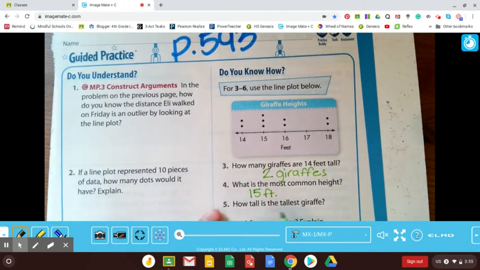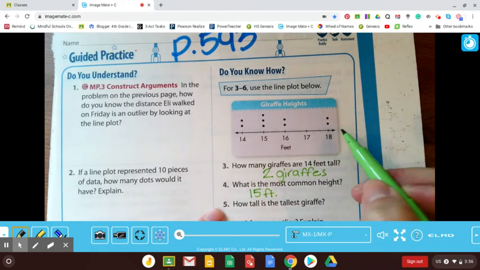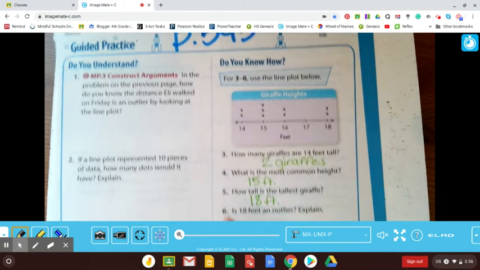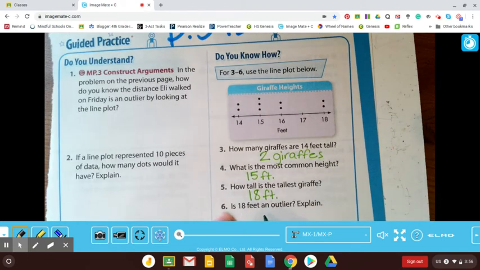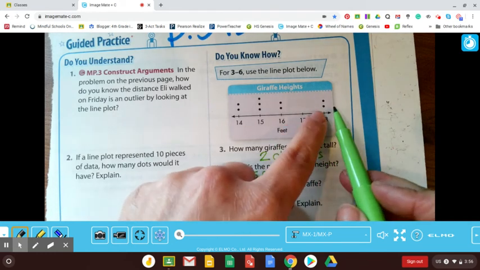Okay. How tall is the tallest giraffe? Well, the tallest giraffe would be 18 feet tall, right? And there's actually 2 of them, 18 feet. And is 18 feet an outlier? And explain. Like, is that an outlier? And the answer really is, it is a little bit separated. Like, we have that 17 in between.